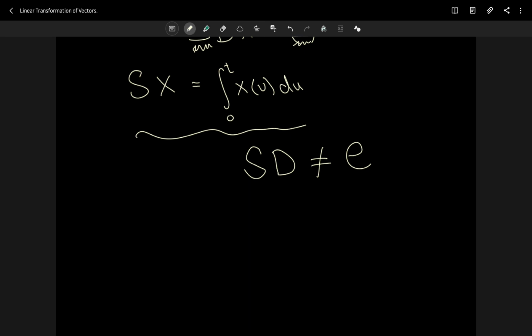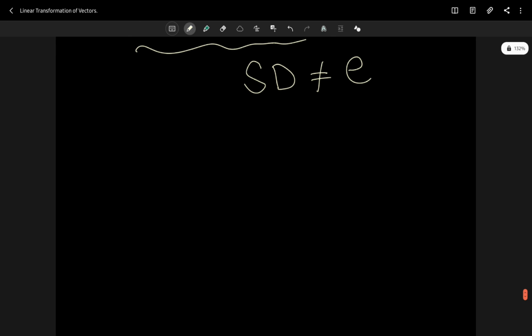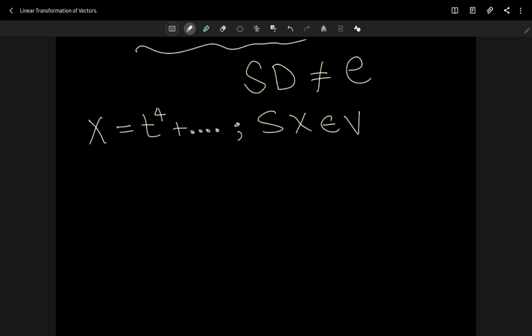Okay, so from this, moreover, for x equal to t to the 4, plus some other terms, Sx belongs to V, right?